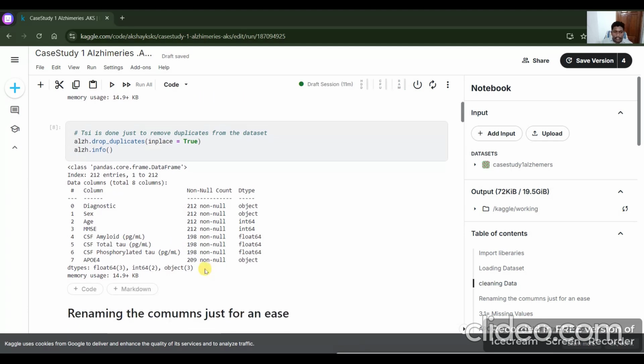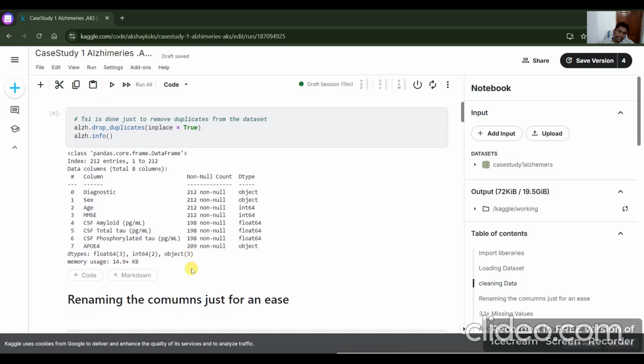We can see the changes in the data types: float64, int64, and object.